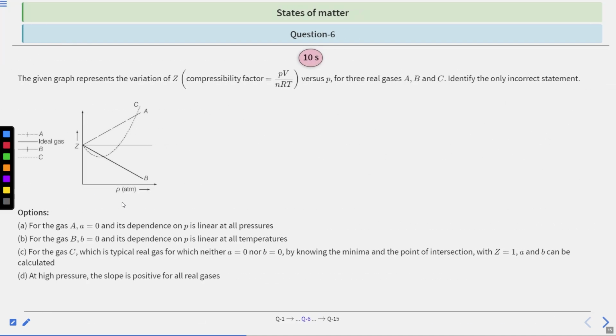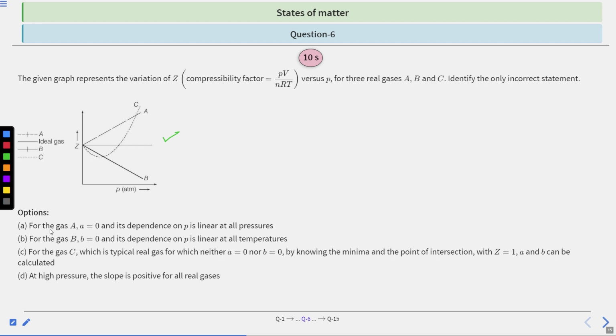Moving on to the next question, question number 6. The given graph represents the variation of Z, that is compressibility factor given by PV by nRT, versus P for 3 real gases A, B and C. Identify the only incorrect statement. So this is the diagram given, and on the basis of this we have to identify the only incorrect statement among these 4 options.